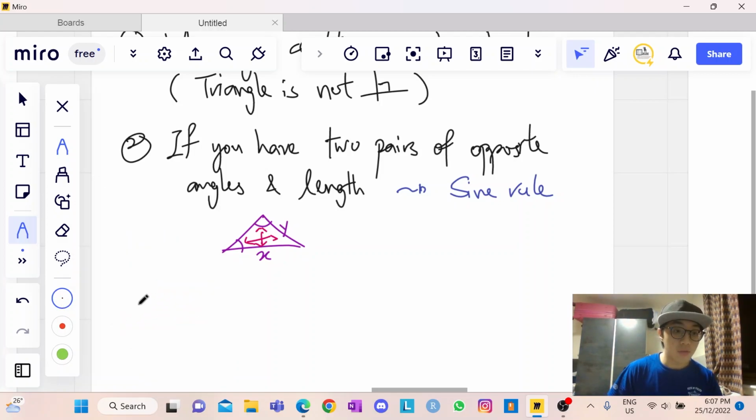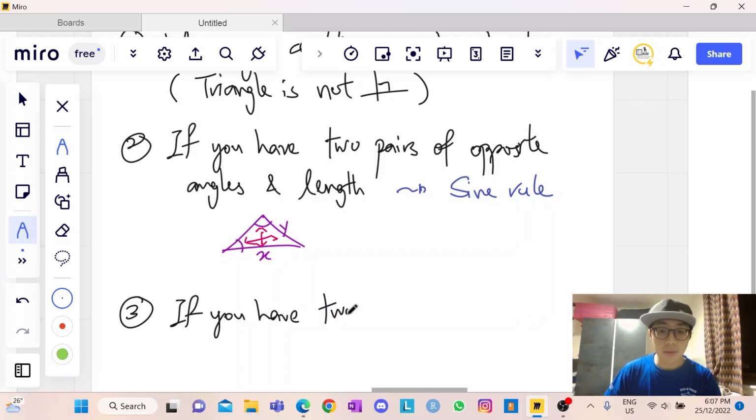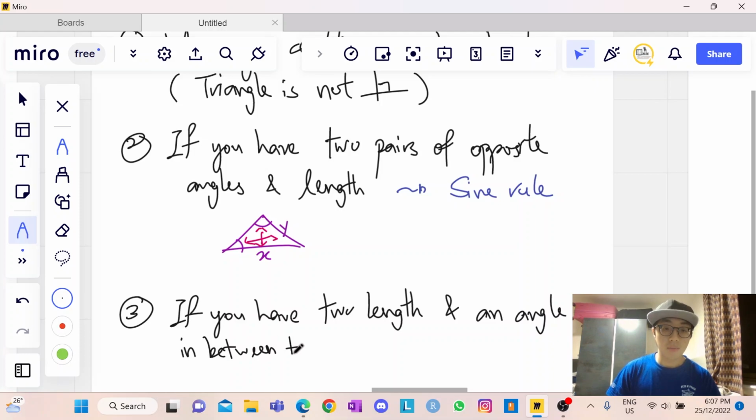All right, and when do you use the cosine rule? You can say if you can't use the sine rule, and you have two lengths and an angle in between the two lengths.